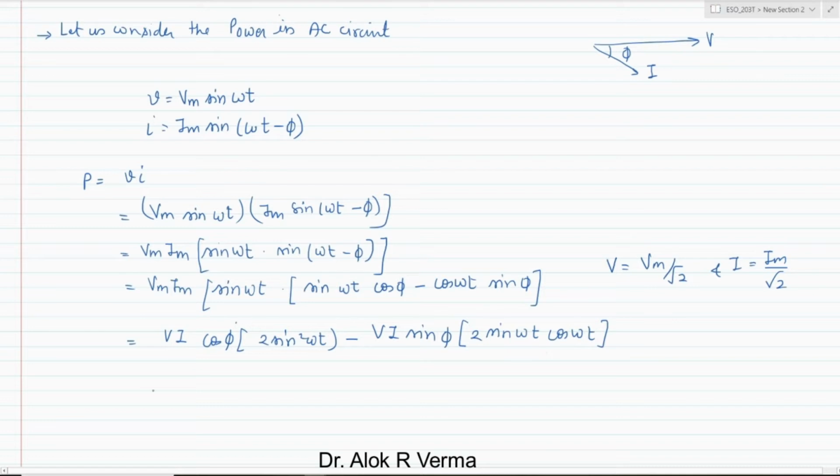Applying trigonometry, 2 sin square omega t is 1 minus cos of 2 omega t. So it is VI cos phi (1 minus cos 2 omega t) minus VI sin phi sin of 2 omega t.